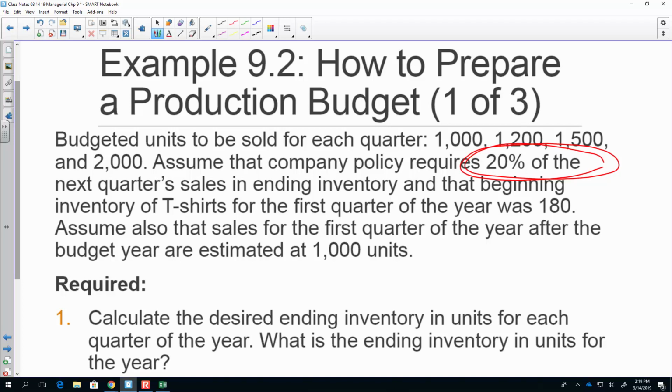What's the financial statement name of this account? We've got three: raw materials, work in process, finished goods. Finished goods, because we're selling them, right? We're going to sell our completed units.